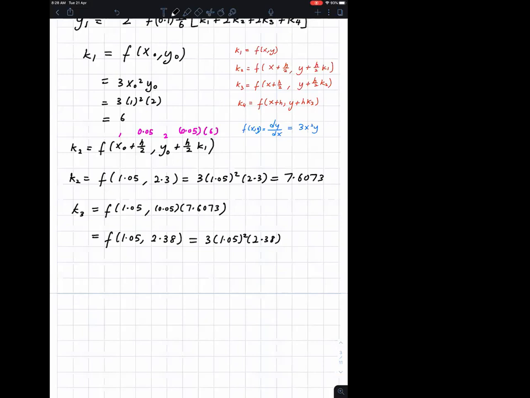So that's going to give you? 7.8719. K3 is 7.8719, to 4 decimal places.